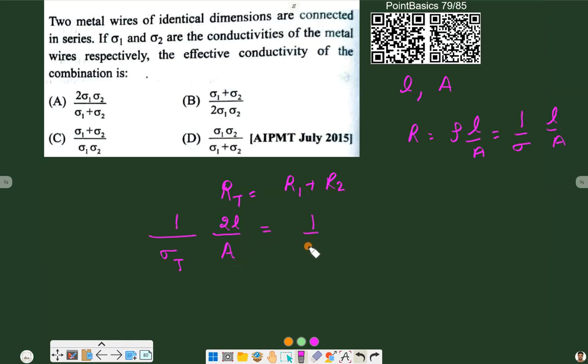For R1 we have 1 by sigma 1 length by area, and for R2 we have 1 by sigma 2 length by area. Length by area gets cancelled in both of these, so we have 2 by sigma t is equal to 1 by sigma 1 plus 1 by sigma 2.